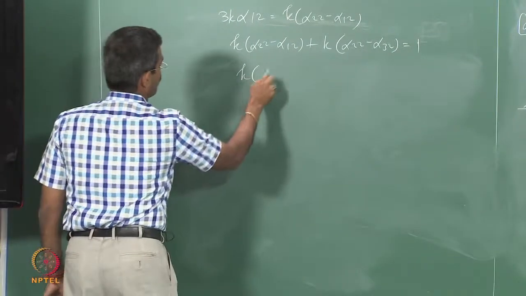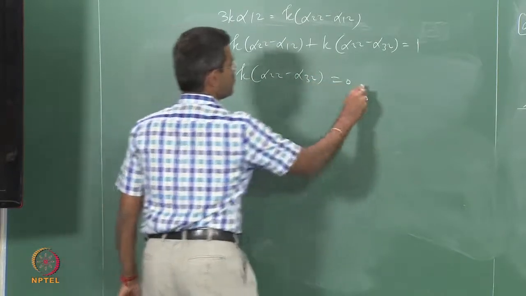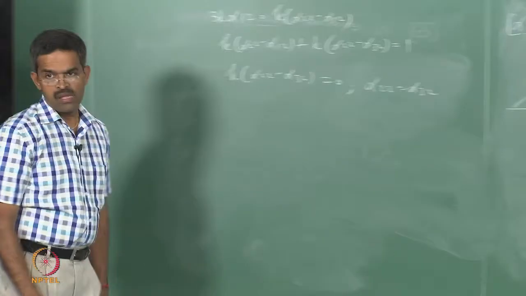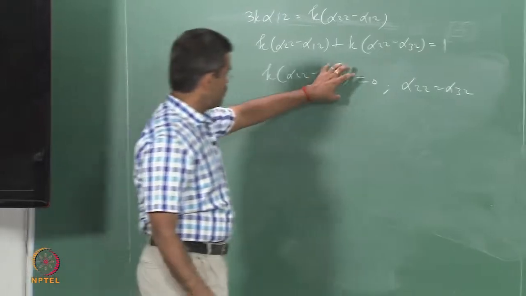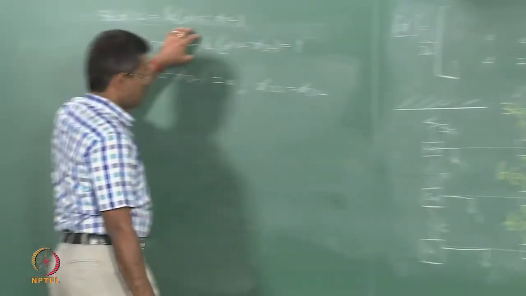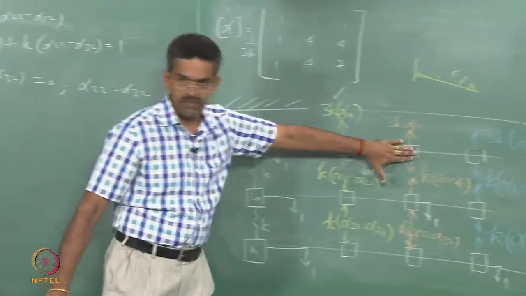K of alpha 2 2 minus 3 2 should be 0, which implies alpha 2 2 is same as 3 2. I am writing this equation from the third mass, writing this equation from the second mass, writing this equation from the first mass.